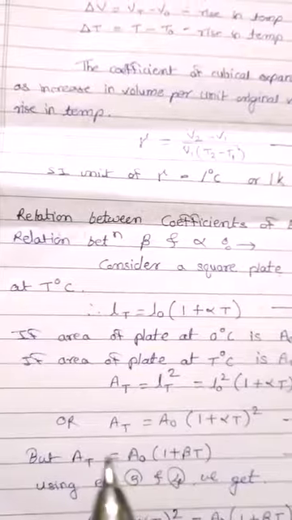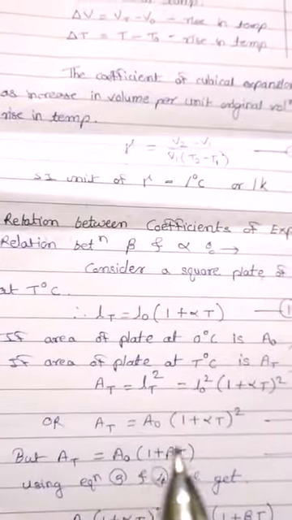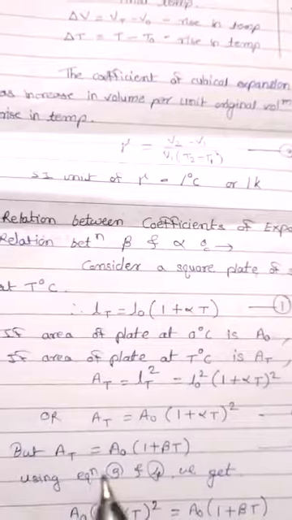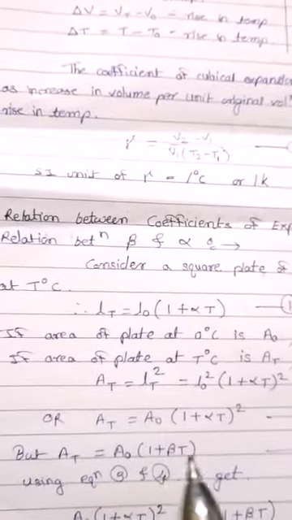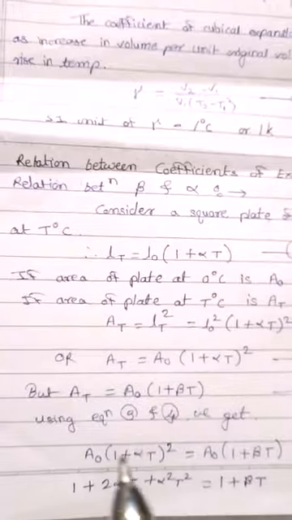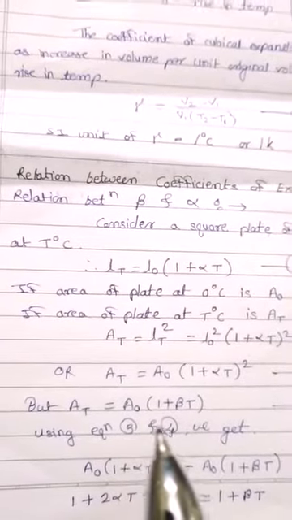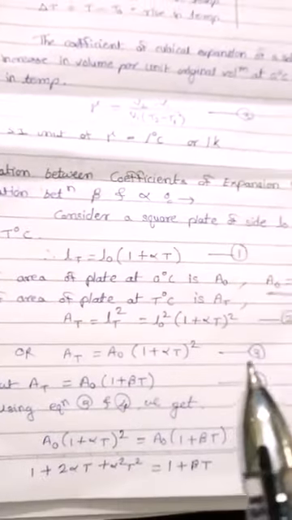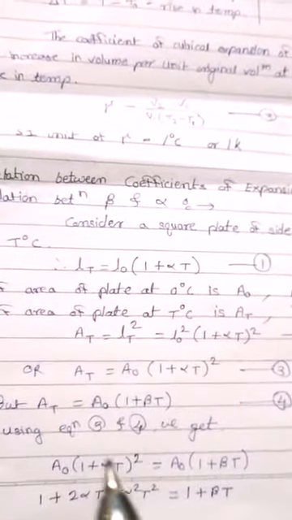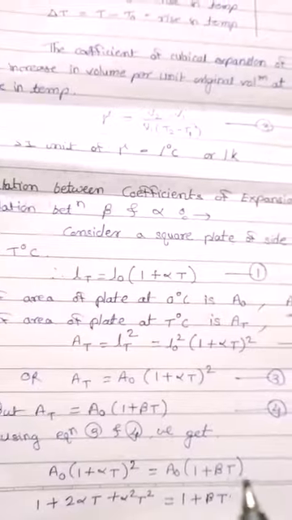But AT is equal to A0 (1 plus beta T), because we already know that is the formula for the coefficient of areal expansion. So using equations 3 and 4 we get A0 (1 plus alpha T) square is equal to A0 (1 plus beta T).